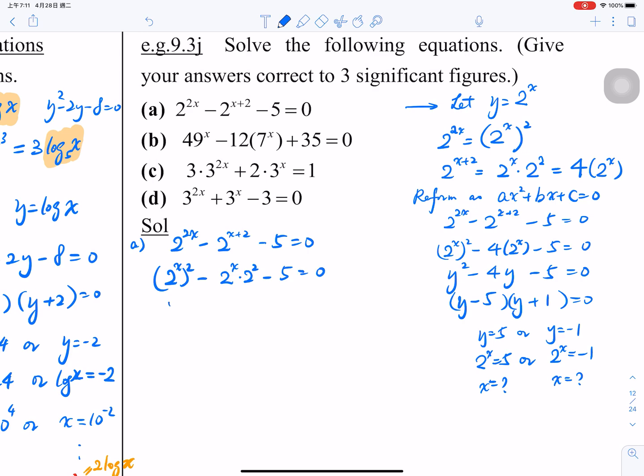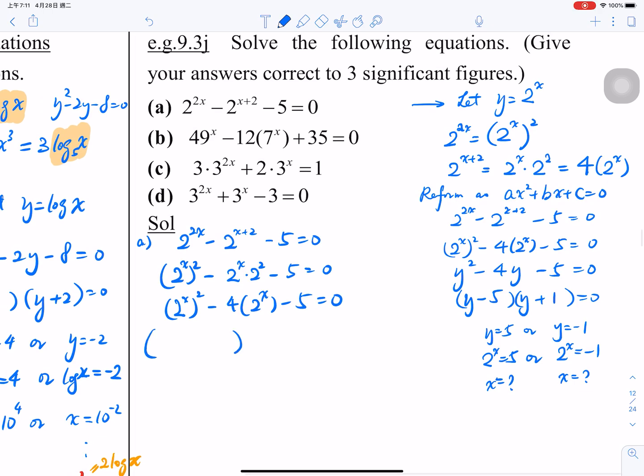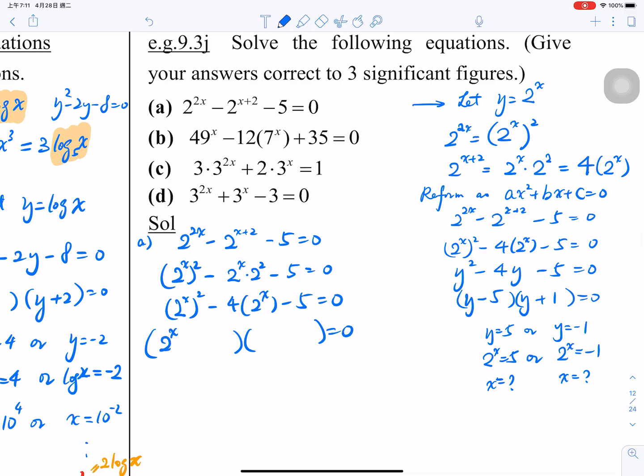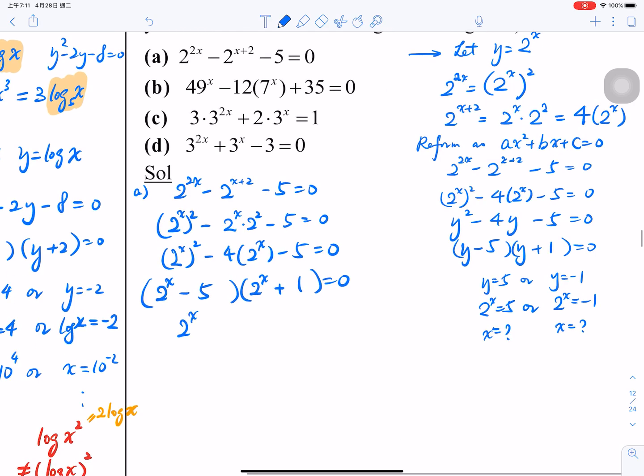So this is (2 to the power x) perfect square minus 4 times 2 to the power x minus 5. I can factorize it directly: 2 to the power x minus 5, 2 to the power x plus 1. So 2 to the power x equals 5, or 2 to the power x equals negative 1.